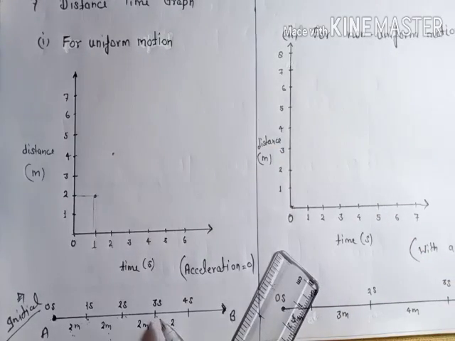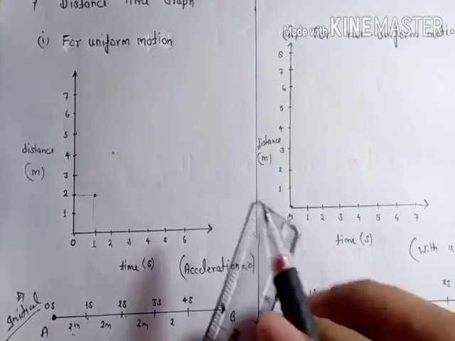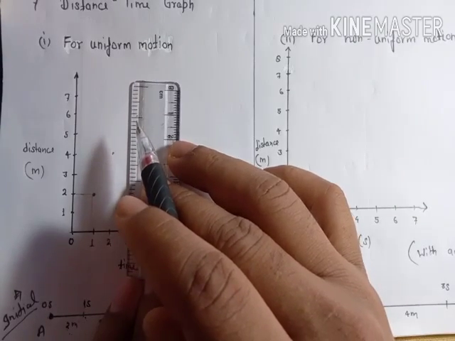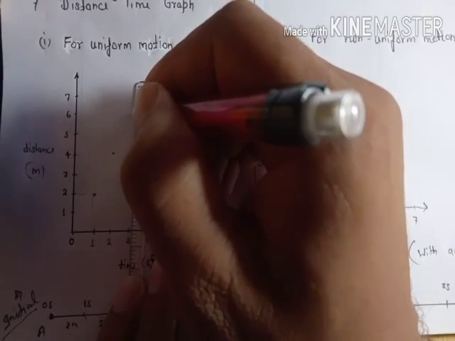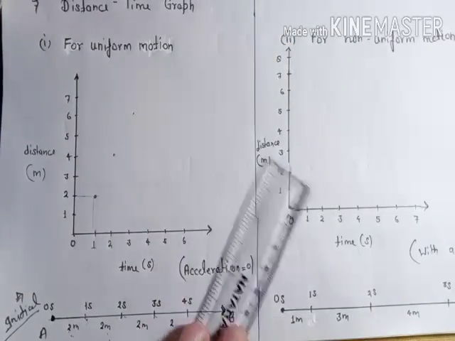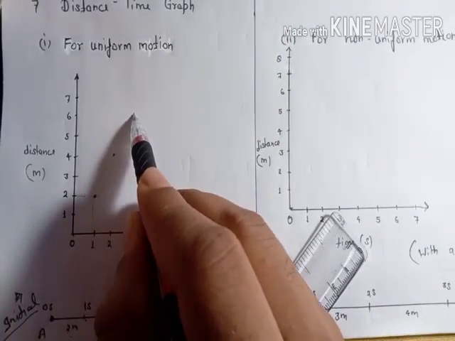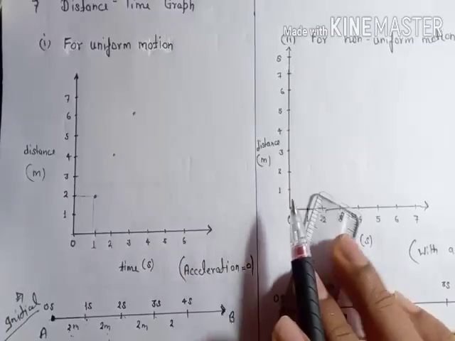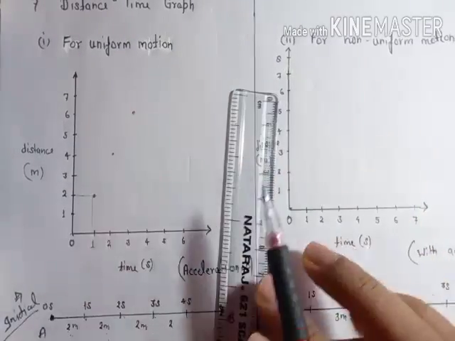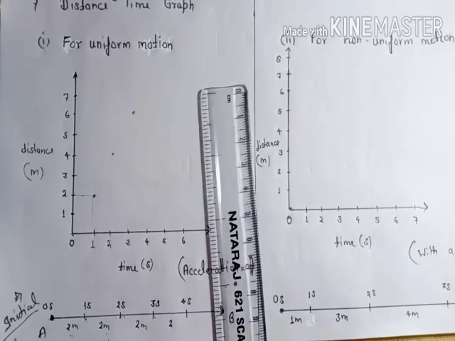For 3 seconds total distance traveled is 6 meter. It is here. I think you can't see. It is here. And for 4 seconds it becomes 8. So somewhere here. But what we get at 0 second, it is 0.